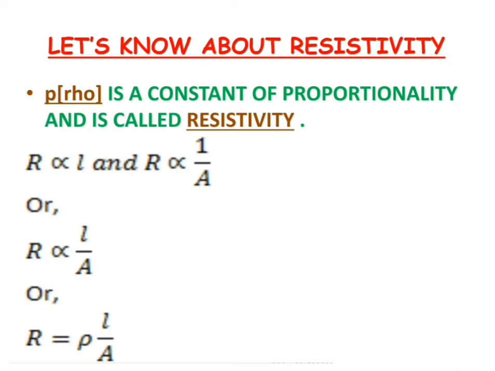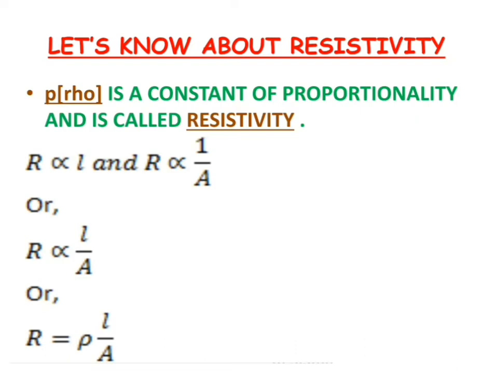Let's know about resistivity. From the first equation, that is R is directly proportional to L, we can say that resistance is directly proportional to the length of the given wire. That means if the length of the wire increases, the resistance will also increase.